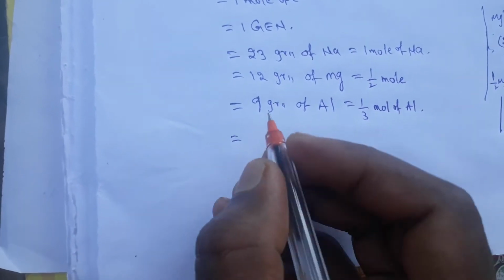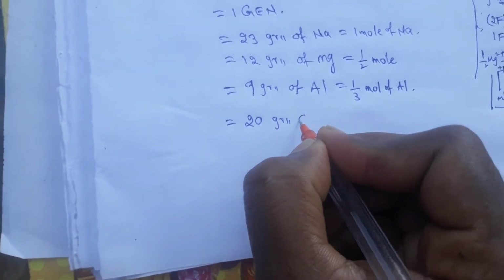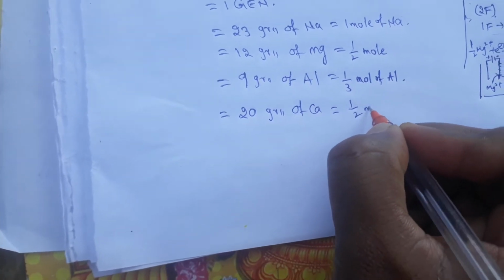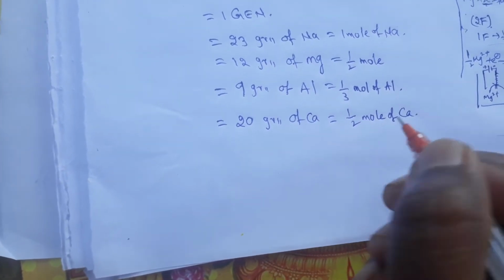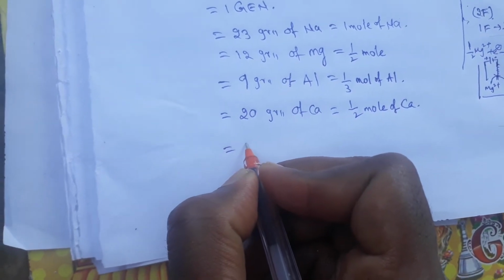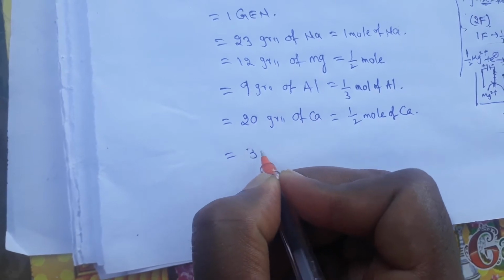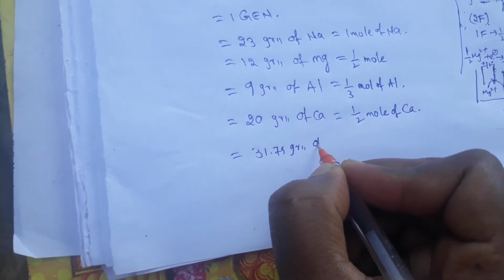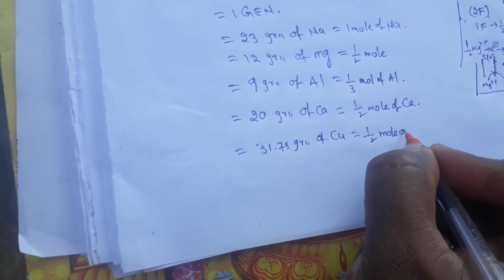If I take calcium, 20 grams of calcium, calcium is 2+, so 1/2 mole of calcium, and that equals 1 Faraday. Next is copper. If you take 31.75 grams of copper, that equals half a mole of copper.